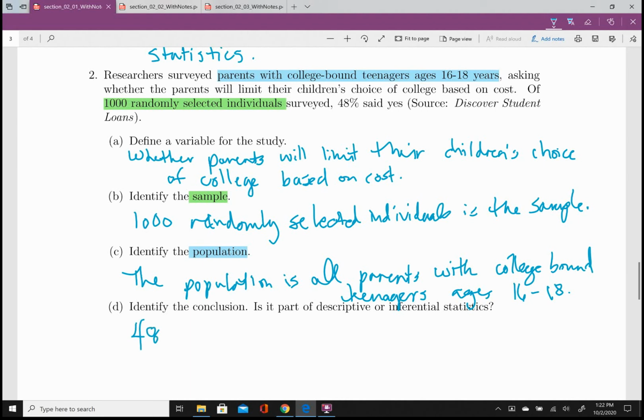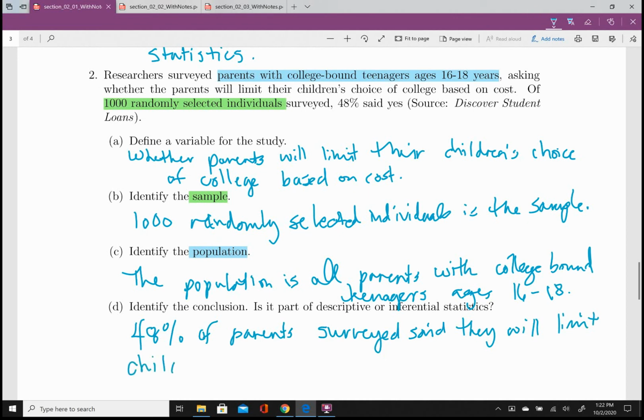48% of parents surveyed said they will limit the children's choice of college based on cost.